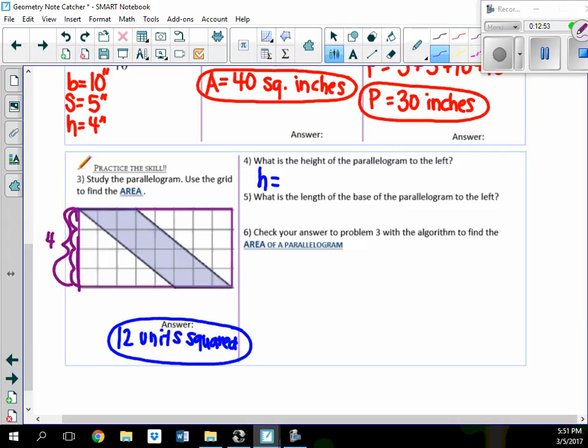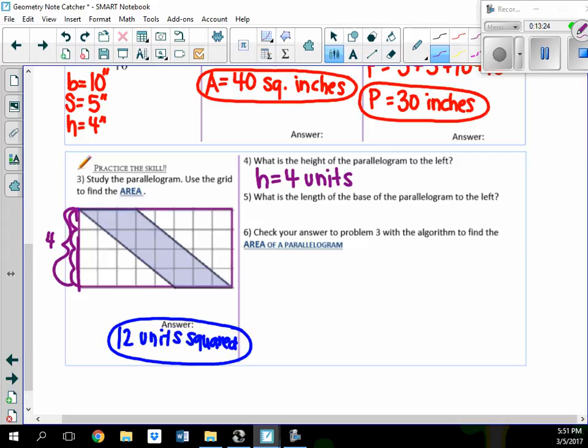And even if we were to go here to another tallest point and draw a line all the way to the bottom, our height would still be 4. 1, 2, 3, 4. So we'll say our height is 4 units.